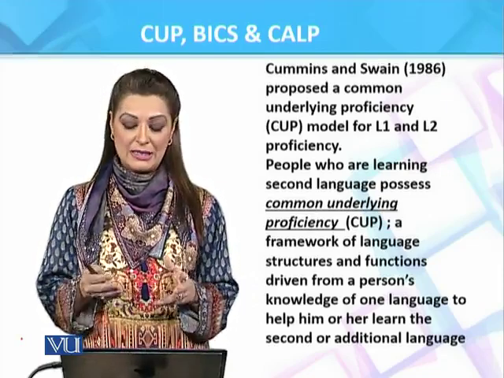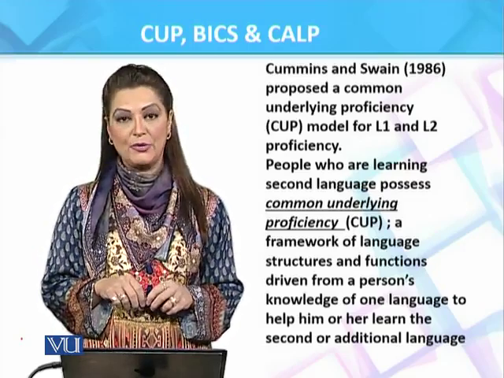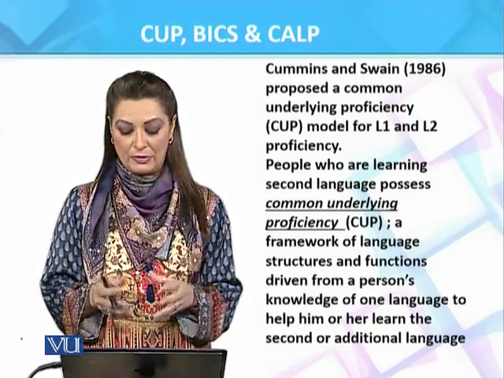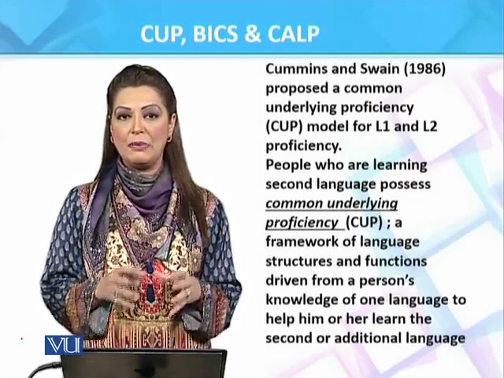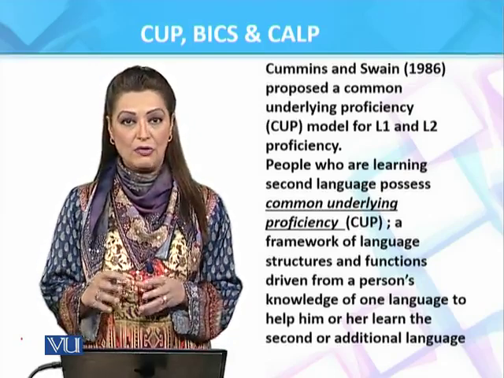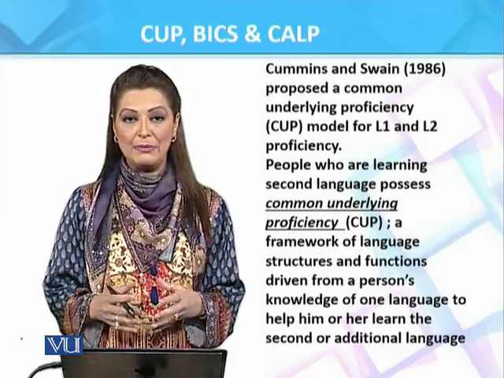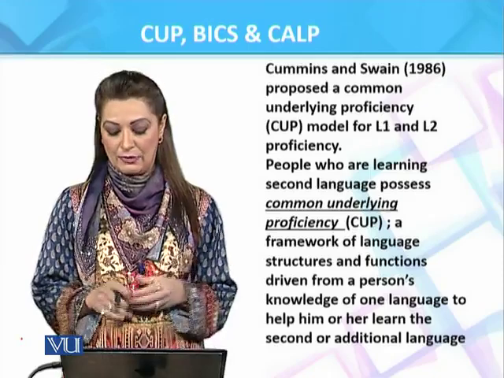People who are learning a second language possess common underlying proficiency. It's a framework of language structures and functions derived from a person's own language and knowledge of one language, which can help them develop or learn a second language.